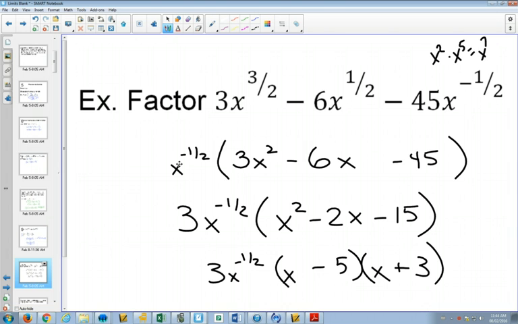What are these questions leading us towards? Well, there's going to be lots of times where it won't say factor. The question will say solve, and it will have equal to 0. If this is now equal to 0, it's much easier to figure that out. What value will make it equal to 0? When x is 5.